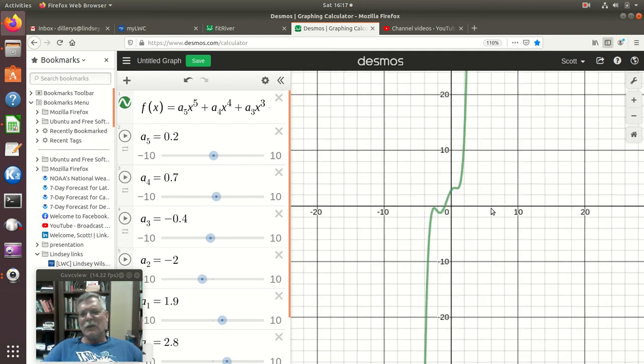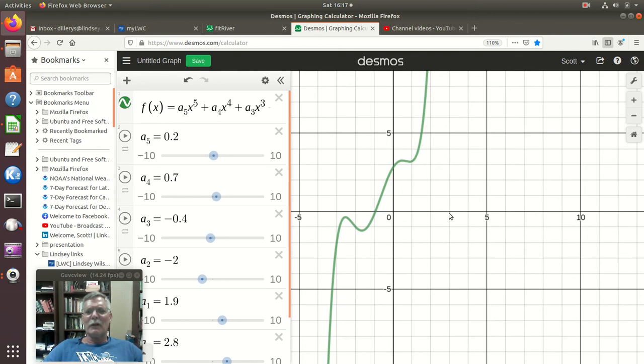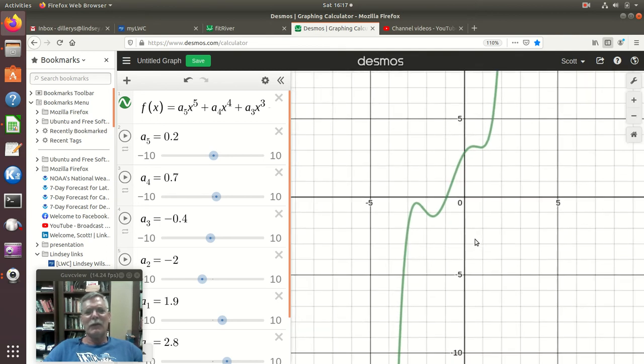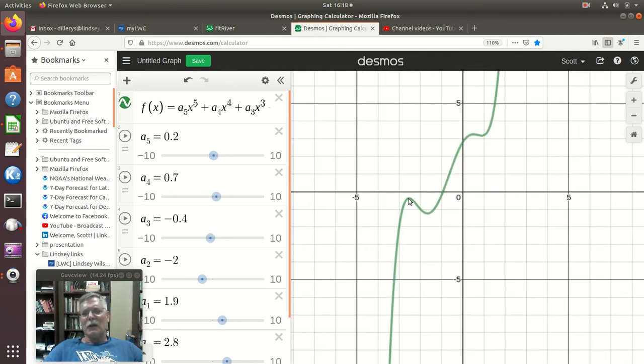Okay, so if I zoom in a little bit in here, what we see is there's a peak and there's a small peak. All right, so there are two peaks and two troughs. A small trough, again, a small trough. And what we're seeing is that we can actually characterize by the degree here what we might see.